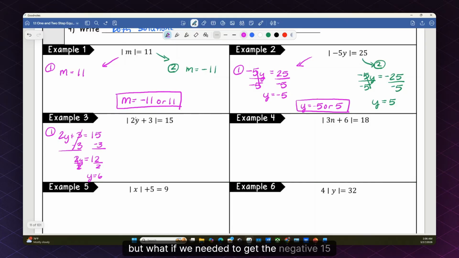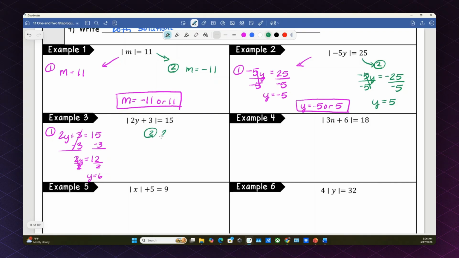That would be if it was the positive version. But what if we needed to get the negative 15 version in this absolute value? Let's do that over here. 2y plus 3 equals negative 15, because remember, the absolute value of negative 15 would give us 15. That's why we have to do the negative option. So let's subtract 3.